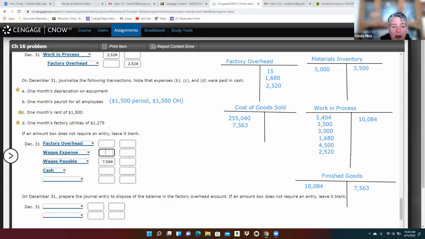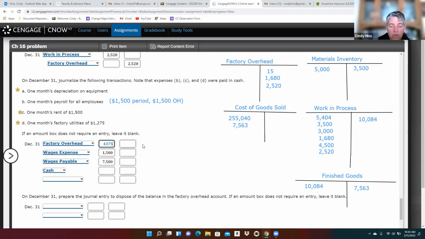So in our entry here, we're going to record the period expense as wages expense, and the other $1,500 becomes part of factory overhead. We already have the depreciation, the rent, and the utilities. Now we're going to add to that the supervisory, the indirect labor.